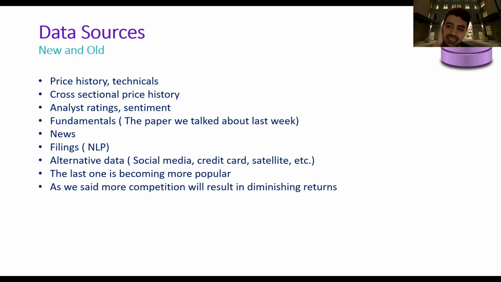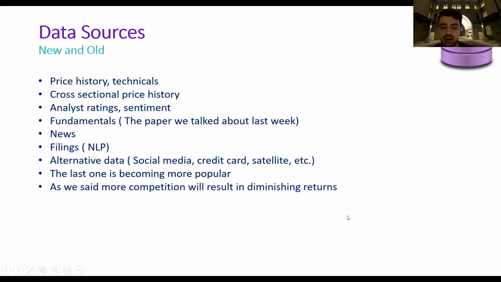I believe we had a guest from D. E. Shaw last semester. I think he mentioned this too. They were using credit card information to be able to price something about a security, to predict their purchases. Imagine you would go to the Bank of America and tell them, give me all your anonymous credit card transactions, and from then you will be able to forecast the sales of, I don't know, Target or Walmart or whatever.